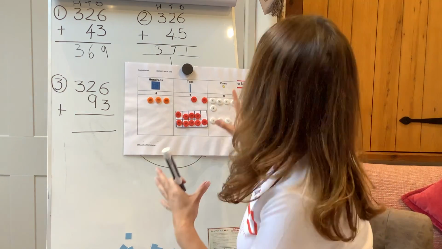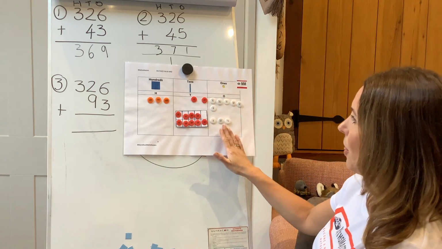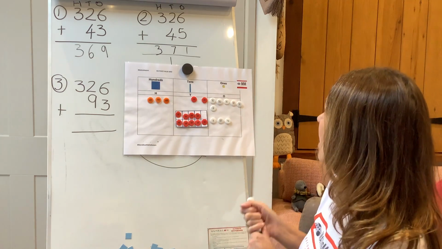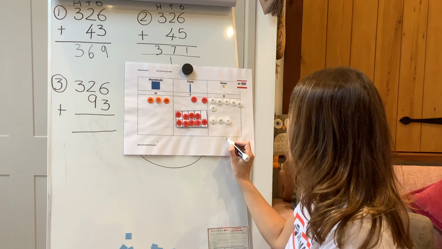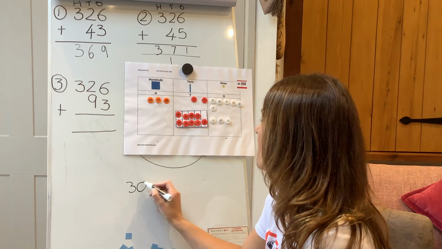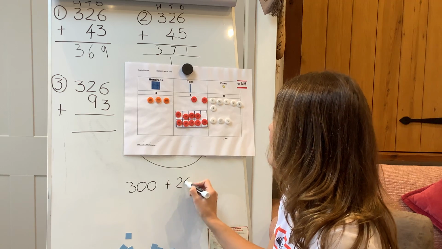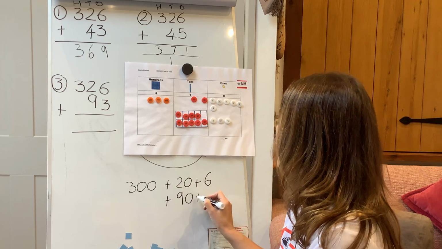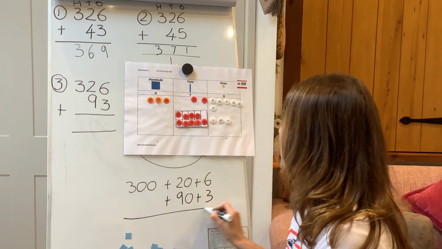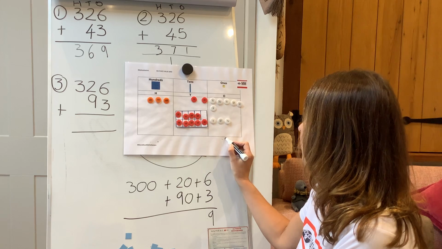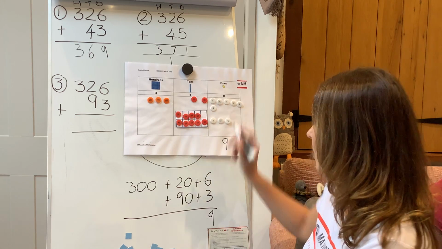Okay, so we can look here, we've got 6 and 3. So we've got no exchange happening in the ones column because we've got 9 ones all together. So we can write it as 326 add 90 add 3, which makes 9 there. And in the formal method we'll just put 9 ones.